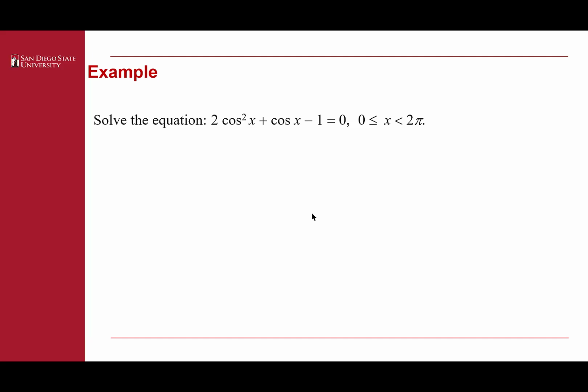Another example, solve the equation 2 times cos square x plus cos x minus 1 equals 0, where 0 is smaller than x and x is smaller than 2 pi. So we have a range for the x variable here. And as you see, this equation is not first degree anymore. We have a square.